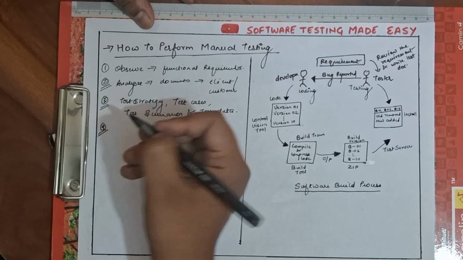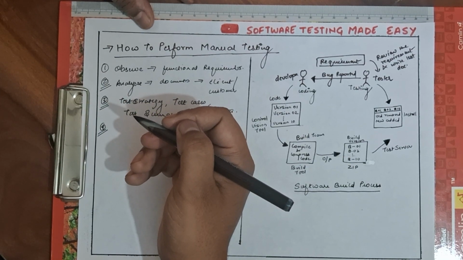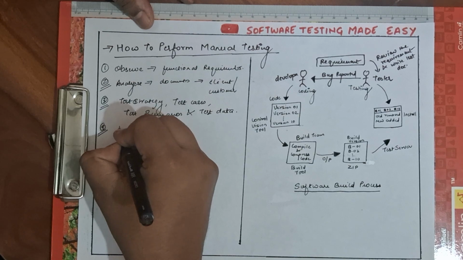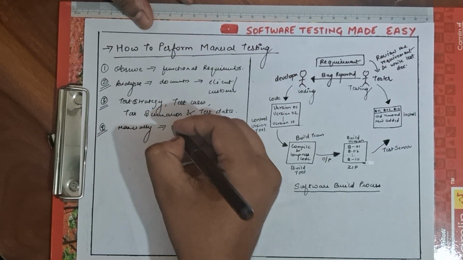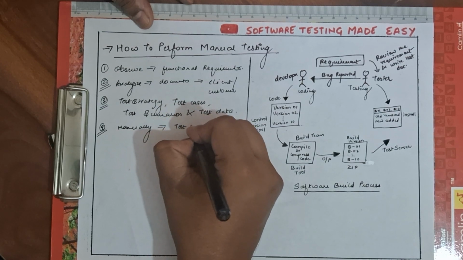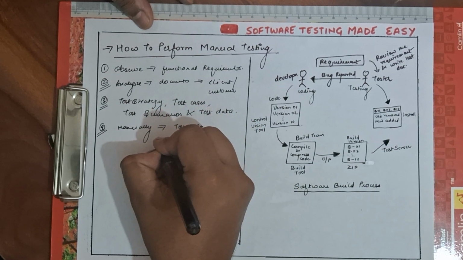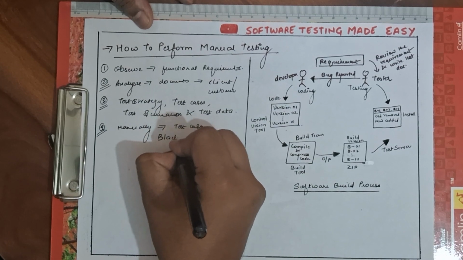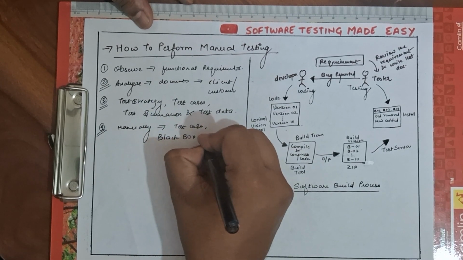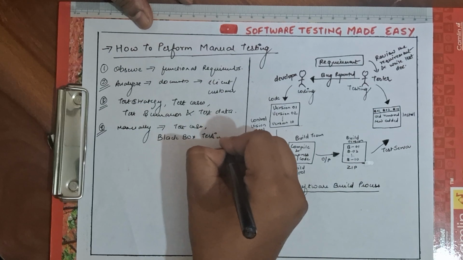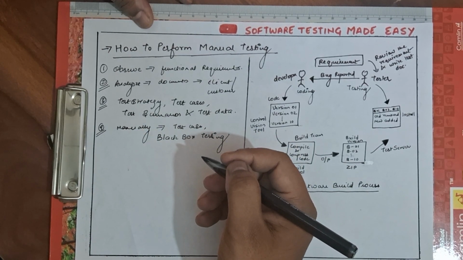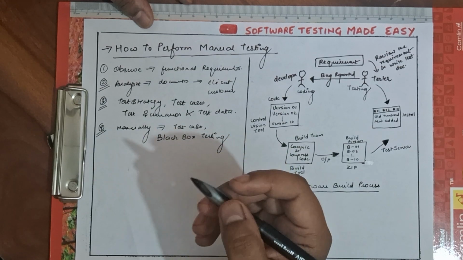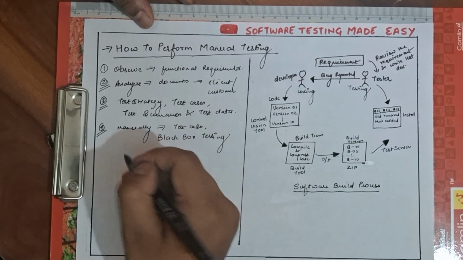The fourth step is that all these test cases are executed manually with the help of black box testing. And if any bug occurs, then the test team informs it to the development team.